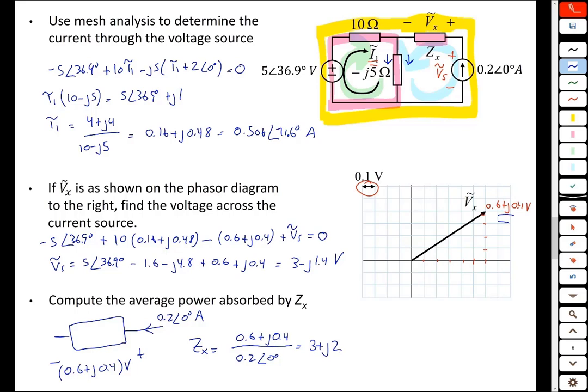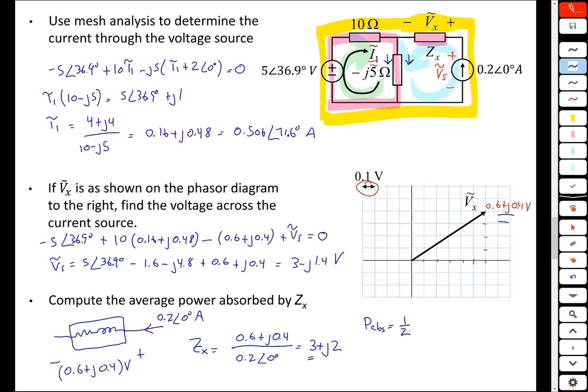So in other words, this unknown impedance is going to be a resistor and an inductor. The resistance is going to be 3 ohms. We know that all the power absorbed is absorbed by the resistor. And so the absorbed power is 1/2. Why 1/2?